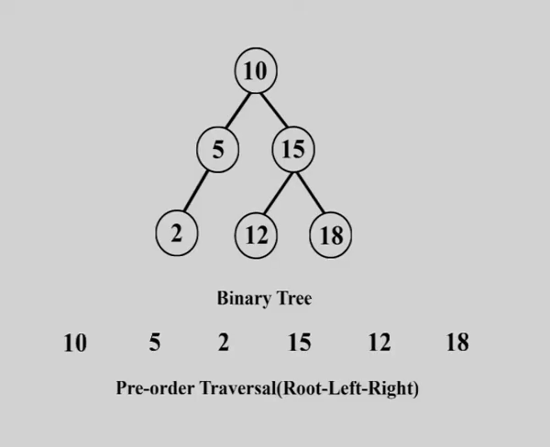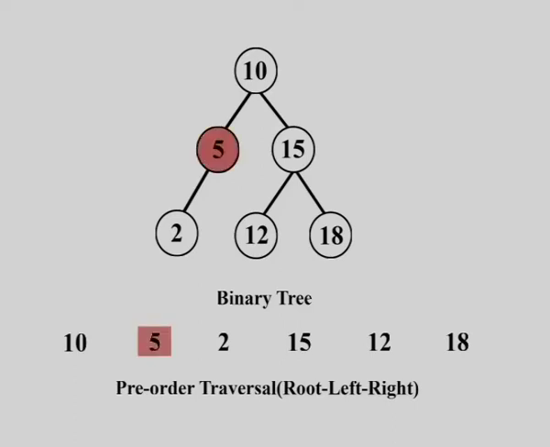Look at the figure. In this given binary tree, first of all, root of the tree is visited. After visiting root node, left subtree of this node is visited in pre-order manner, postponing the traversal of right subtree. Here, first of all, root 10 is visited. Then the left subtree rooted at 5 is visited in pre-order manner, that is root left right manner.